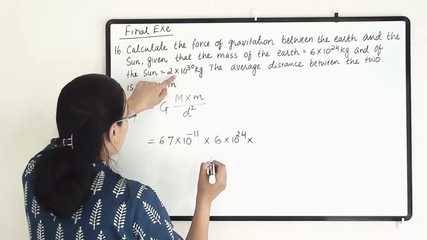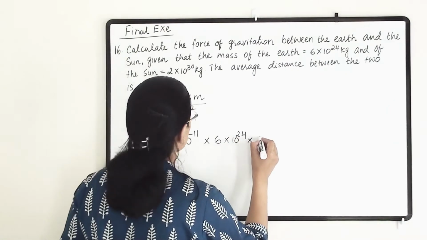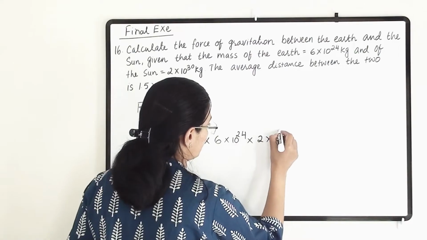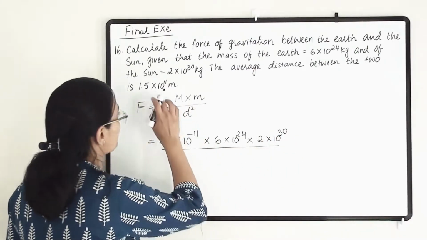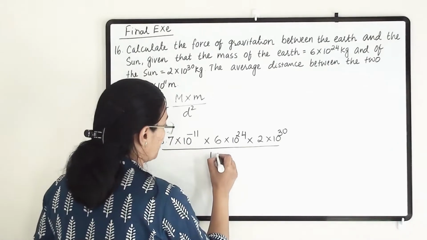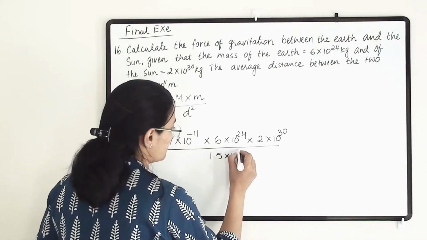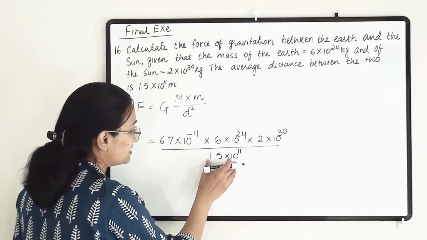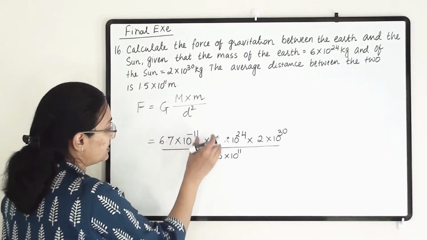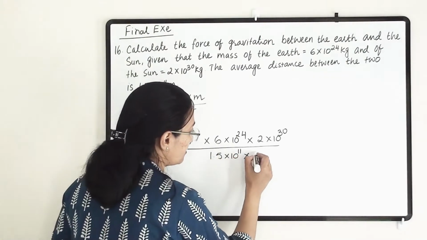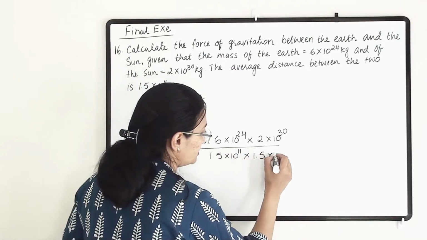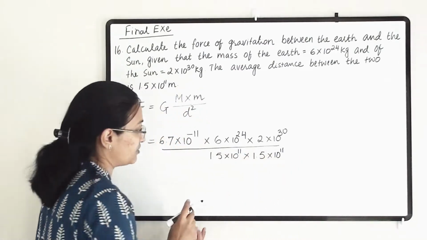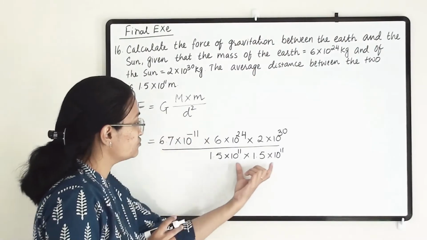Small m we are taking as the sun's mass, that is 2 into 10 raised to 30, divided by the distance between these two, 1.5 into 10 raised to 11, and this is squared, d square. So we are going to write this term another time, because that is d square, so d into d.